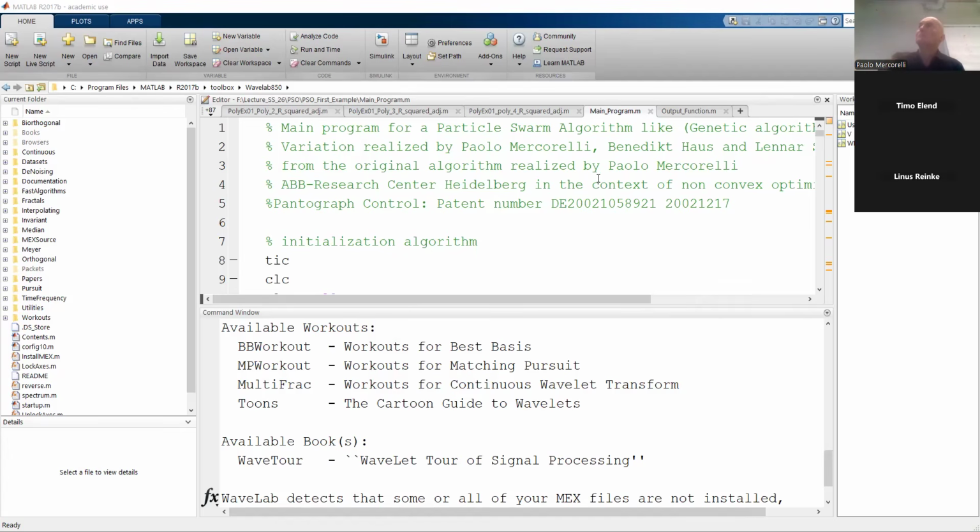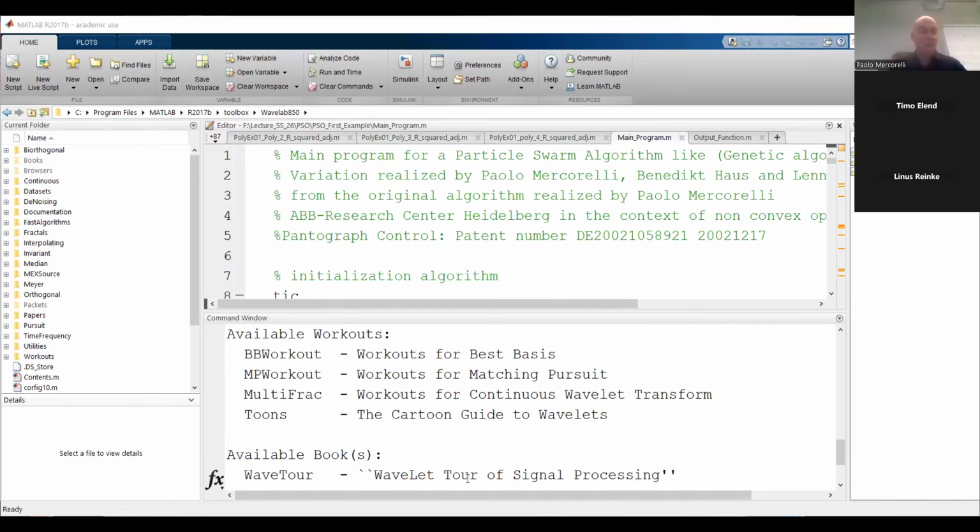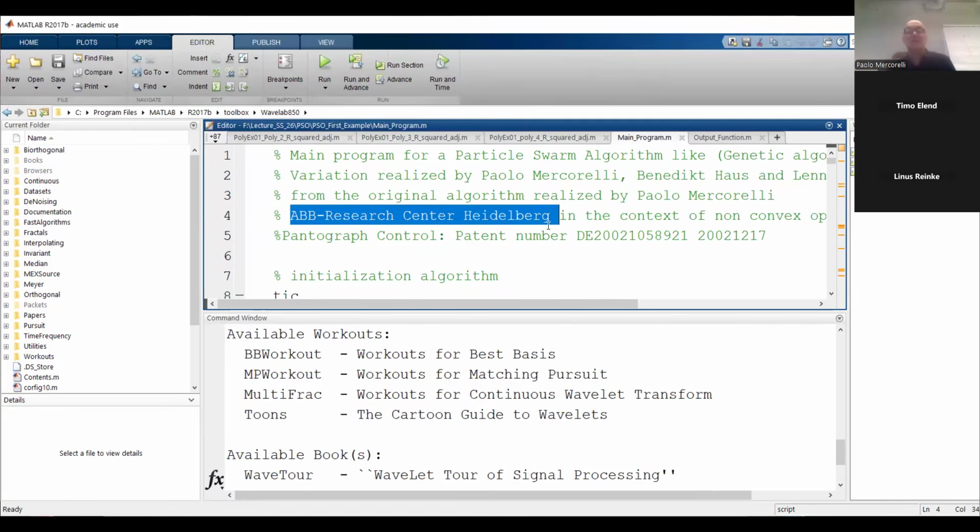Again, here you can find two files in my study at this moment. One has the name main program, and the other one is output function. Originally, the software was inside a complex structure, which I realized in ABB Research Center.